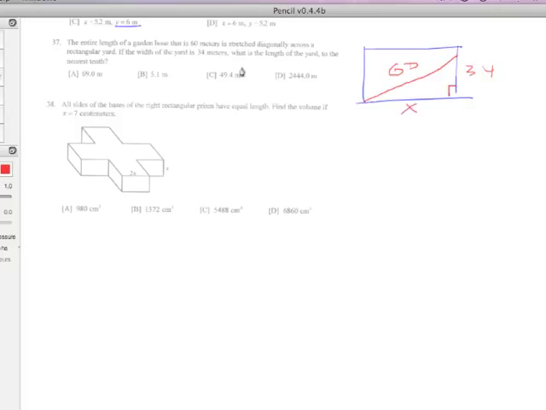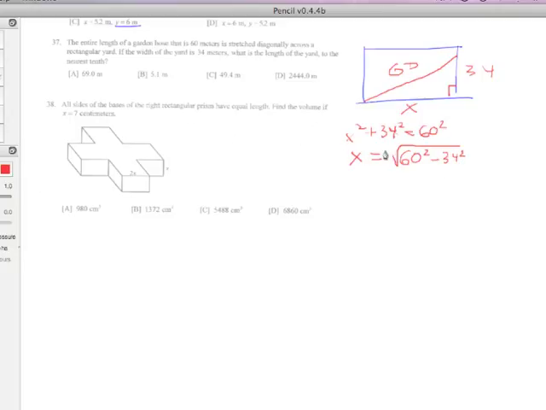This length x, which is the length of the yard, which is what we want: x squared plus 34 squared has got to equal 60 squared. Now we're just doing algebra, and x had better equal the square root of 60 squared minus 34 squared.